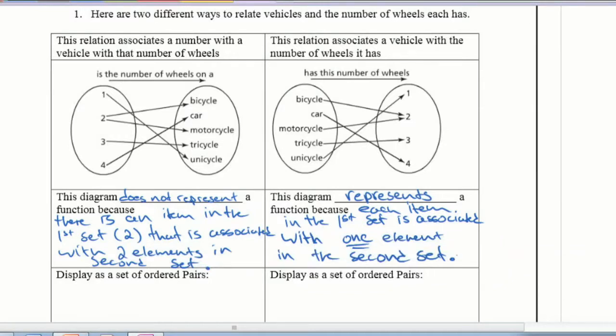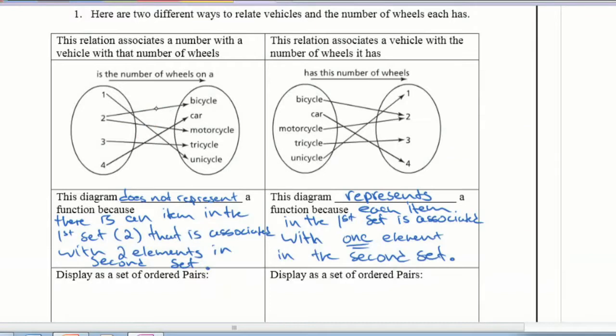So even though bicycle and motorcycle are both representing a 2, the unique thing is that in the first diagram here, the 2 had 2 arrows leaving it. But in the second diagram, each object in my set, each element, only has 1 arrow leaving it. Tricky, hey? So that's the difference between a relation and a function.